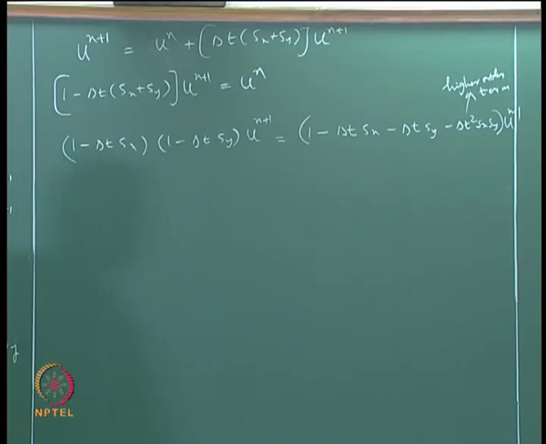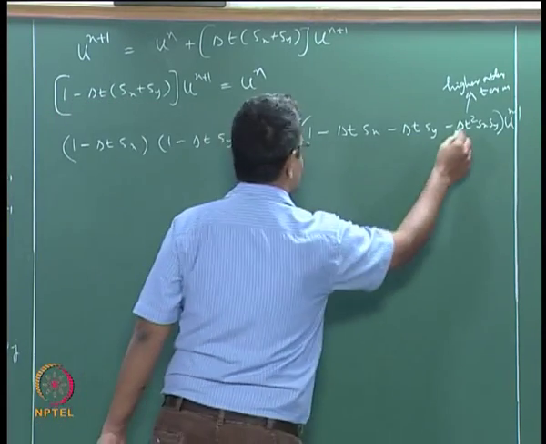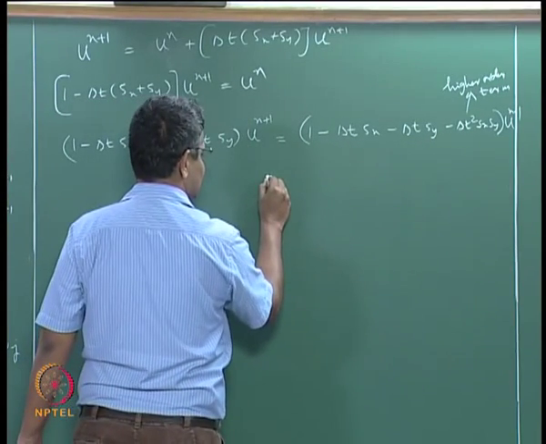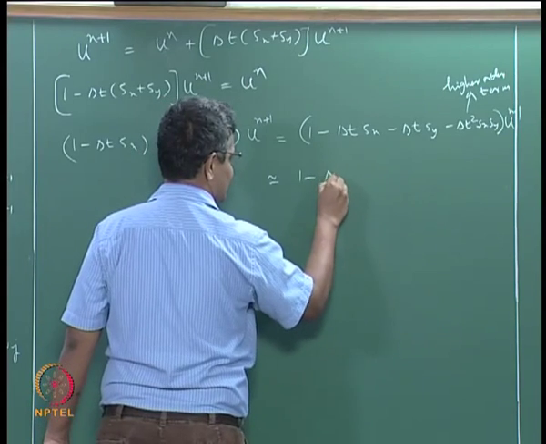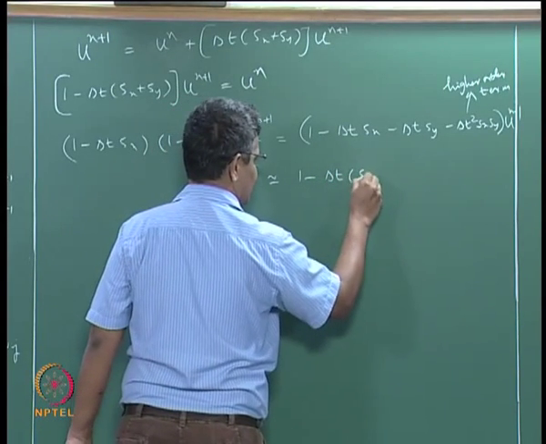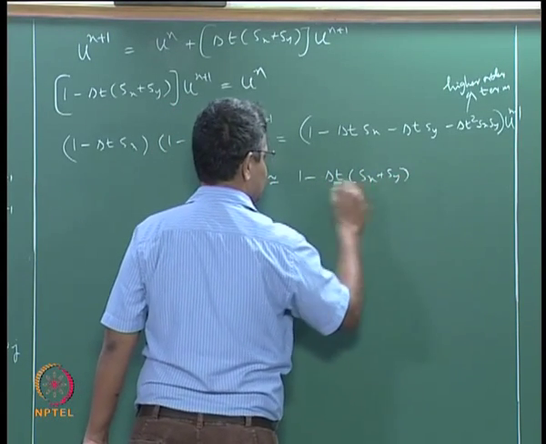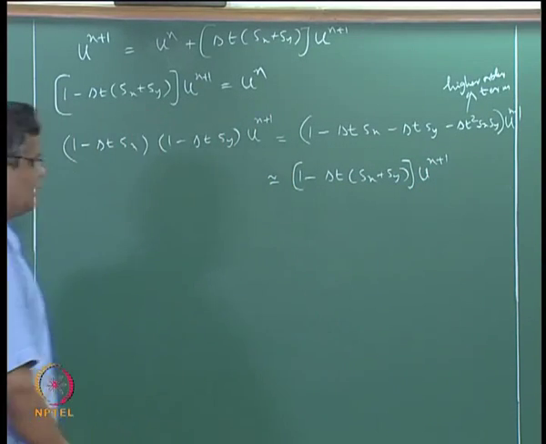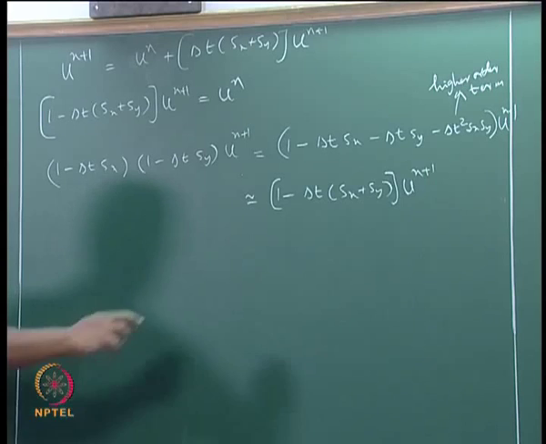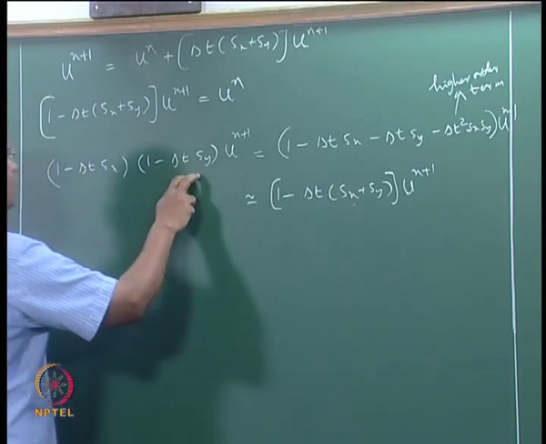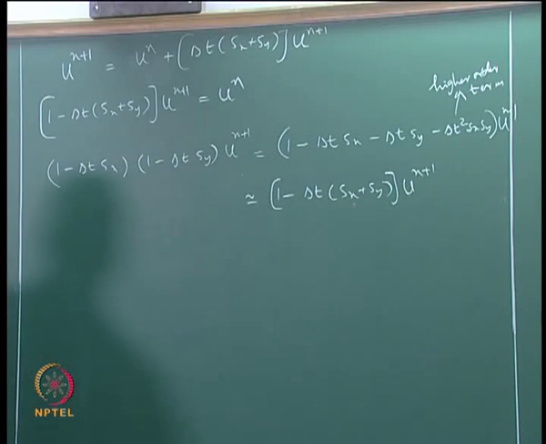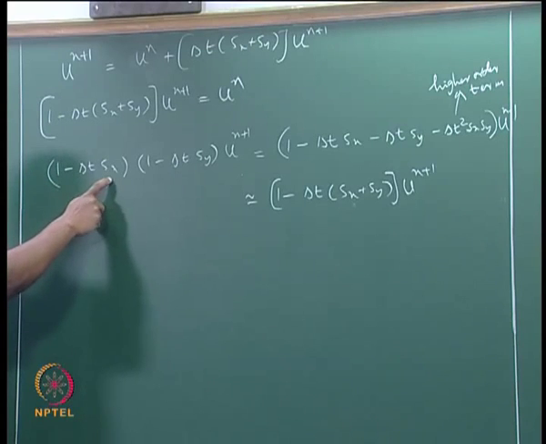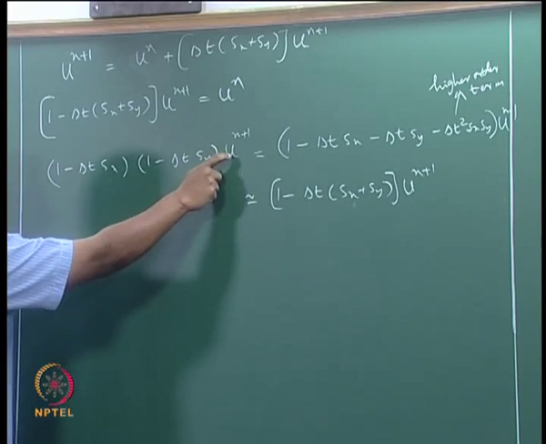If we can neglect this, then we can write this as 1 minus delta t of Sx plus Sy times u n plus 1. So that means this thing here can be approximately written as the product of 1 minus delta t Sx times 1 minus delta t Sy times u n plus 1.